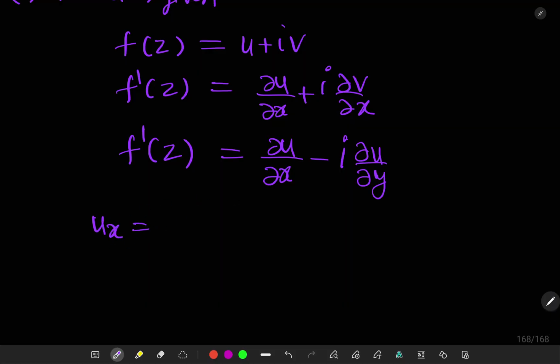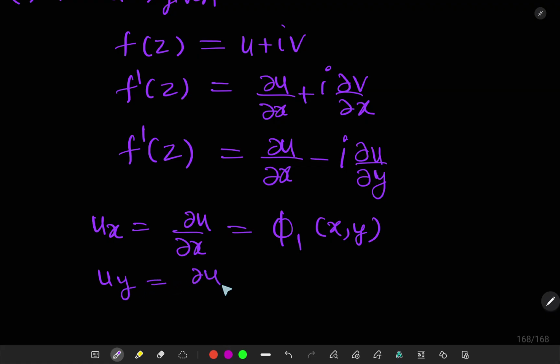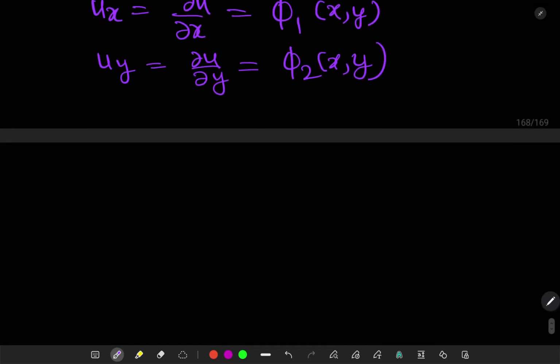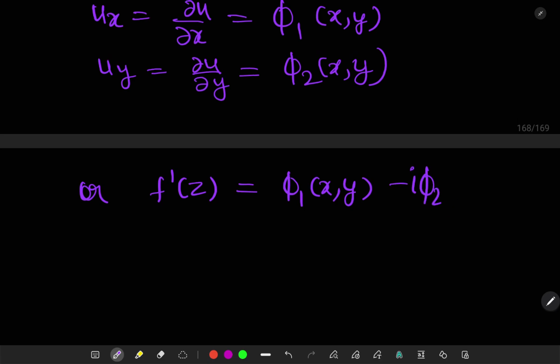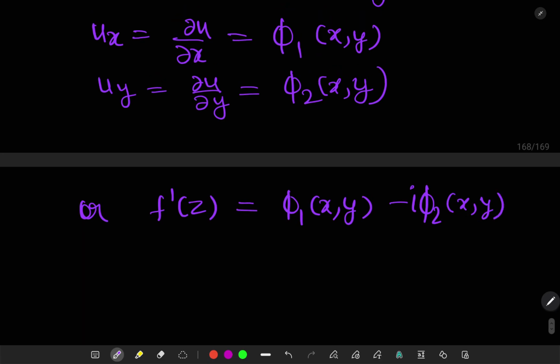Let ux be equal to phi 1 of x comma y, and uy is equal to phi 2 of x comma y. For constructing the analytic function, we use here f dash z is equal to phi 1 of x comma y minus iota phi 2 of x comma y.